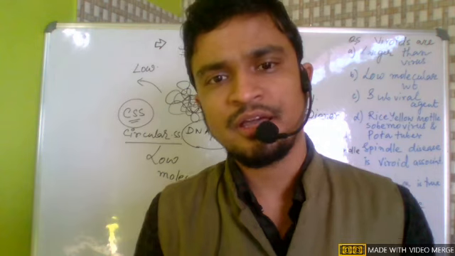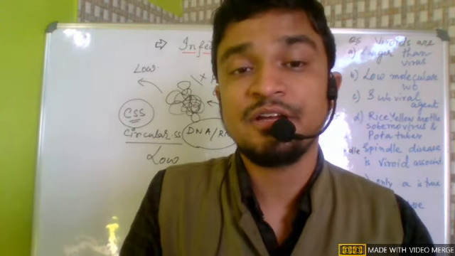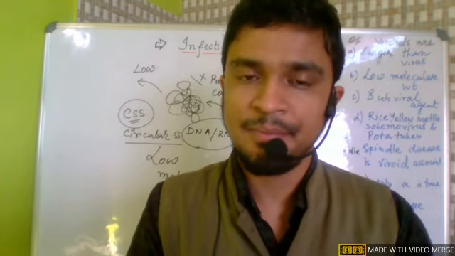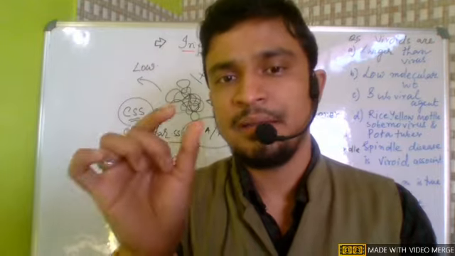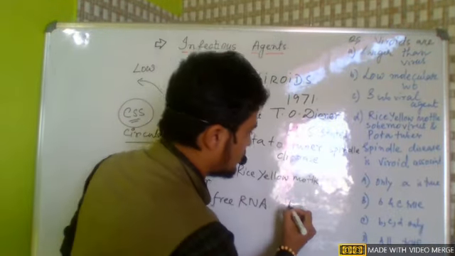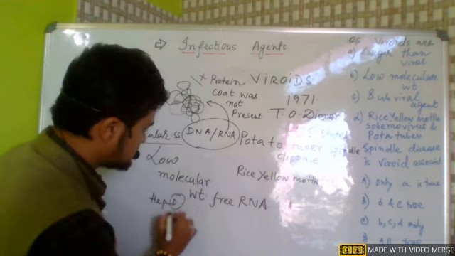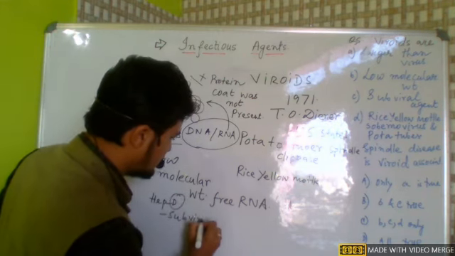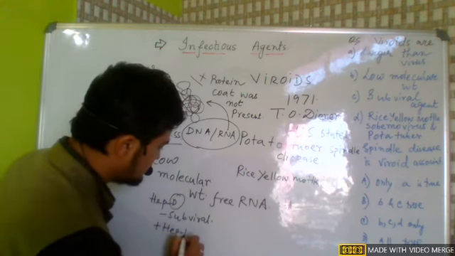Close relation with viroids means it only infects a human being when the person is infected with hepatitis B. Hepatitis D is a very small sub-viral agent, and it can only infect when hepatitis B is present.